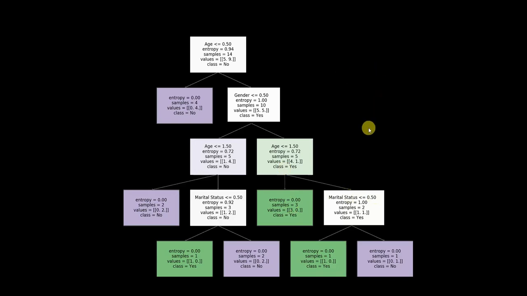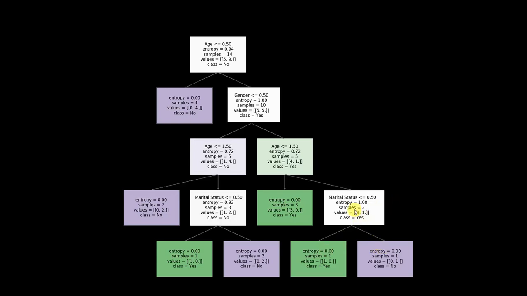Let me also tell you, when the entropy is 1, it can be termed the worst split. Whenever the entropy is 1, the answer to the question asked at that node will have 50-50% chances.